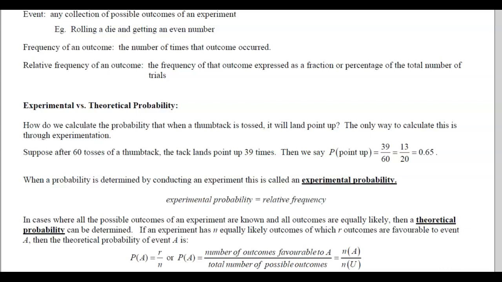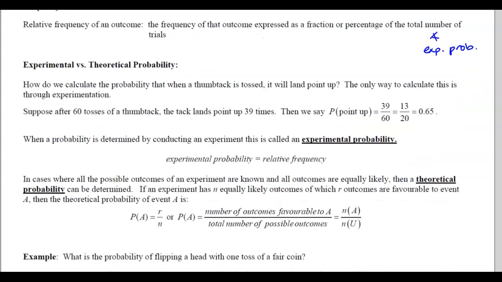So we say the probability of the tack landing point up is 39 over 60. Okay, so that's called experimental probability. We did an experiment. We found the likelihood of that to happen. So the experimental probability is really the relative frequency. That's the same.